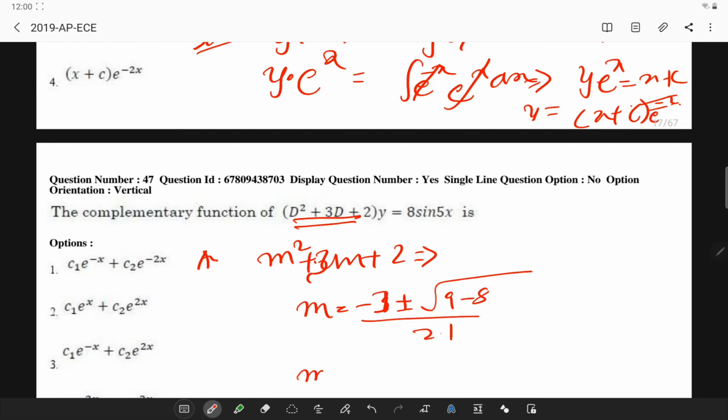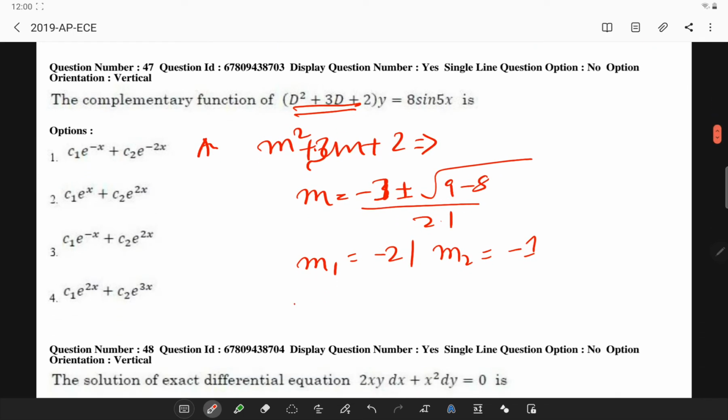With quadratic equation roots, I will have m1 is equal to minus 2 and m2 is equal to minus 1. So I can simply write c1 into e power minus 2x plus c2 into e power minus x. So the first option is your answer.